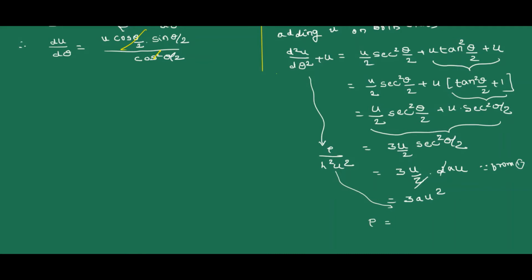So p is equal to 3a h square u raised to 2 into u raised to 2, which is u raised to 4. This 3a square is constant. So we can write p is equal to k into u raised to 4. That implies p is proportional to u raised to 4.